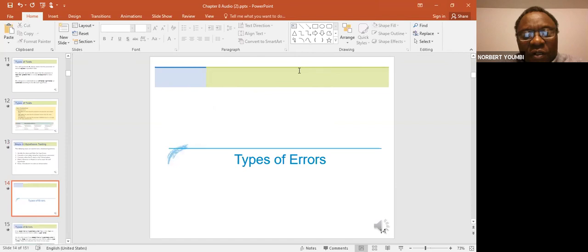So there are two types of errors in hypothesis testing. Let me say again essentially what I have discussed so far. Hypothesis testing consists of testing a statement made about a parameter of a population. There are two types of hypothesis.